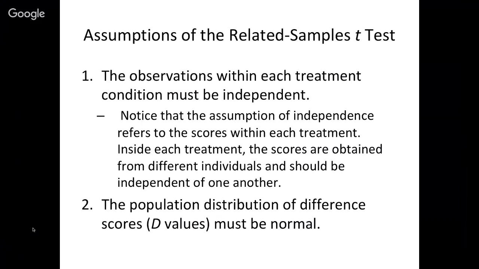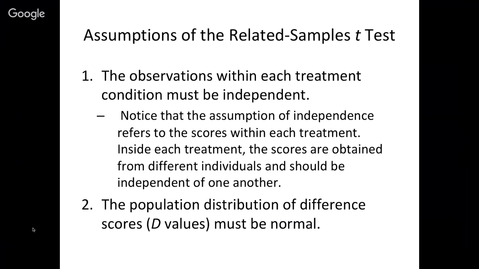Now I'm going to introduce the assumptions of the related samples t-test. There are 2 assumptions of this test. The first one is that the observations within each treatment condition must be independent.